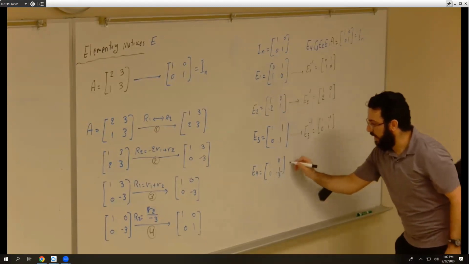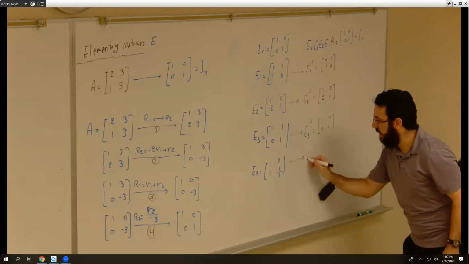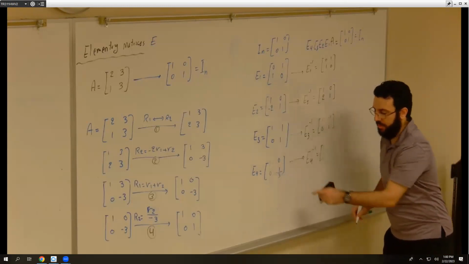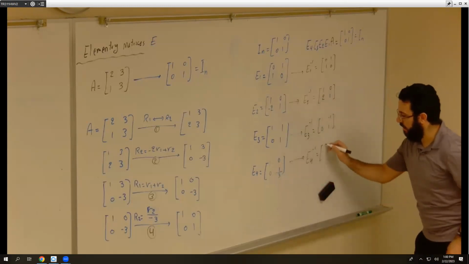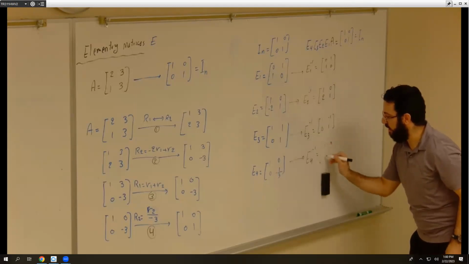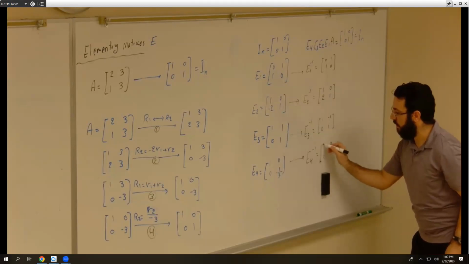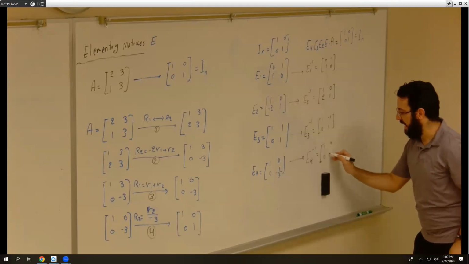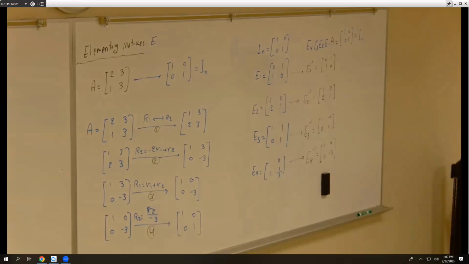The last one, E4 inverse, is going to be 1, 0, 0. Careful, no. That's the confusion here. 1, 0, 0, and this number is going to be -3, because it's division, okay?